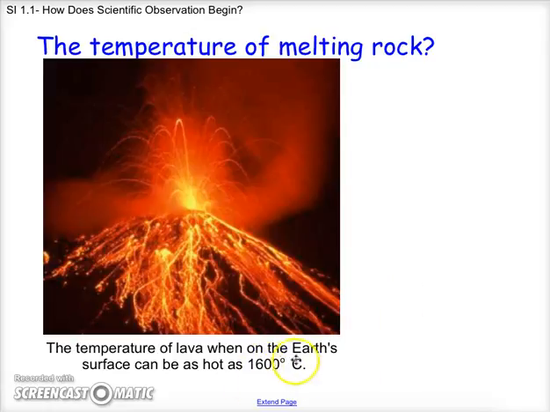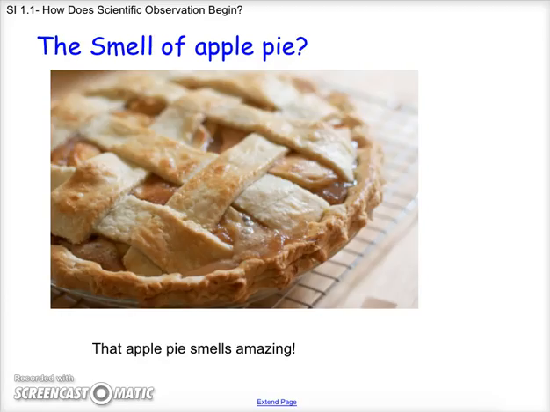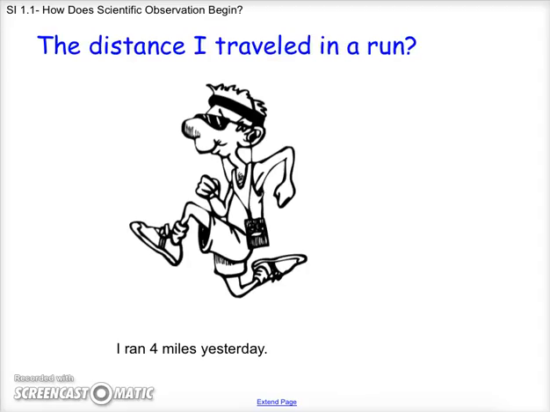I have a number and a unit, therefore this is a quantitative observation. The smell of apple pie. That apple pie smells amazing. I'm using one of my senses and I am using my opinion because I think it's amazing. That would be a qualitative observation.